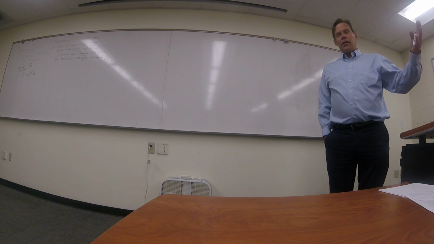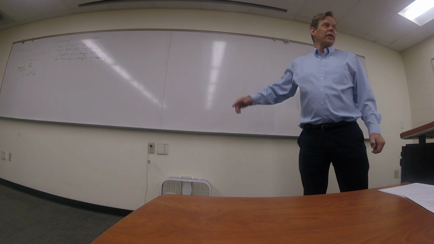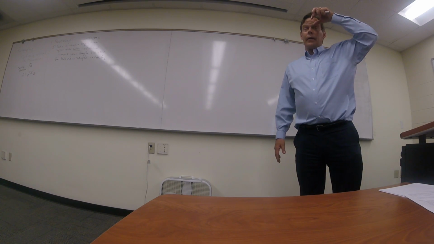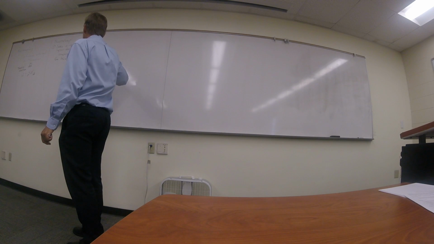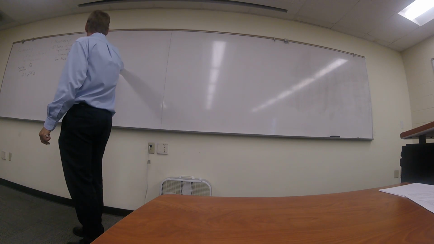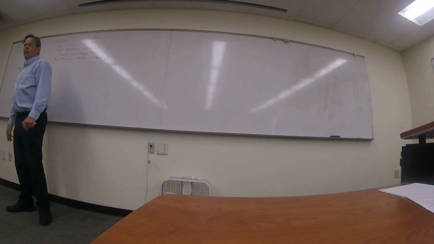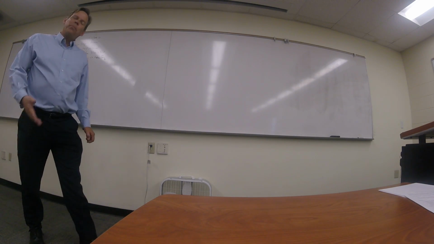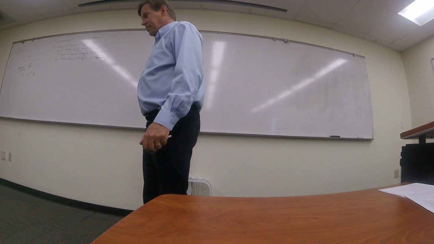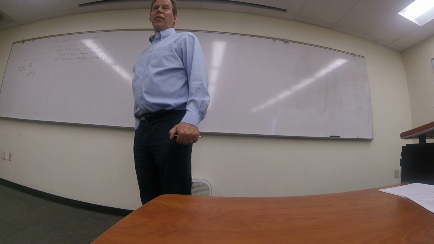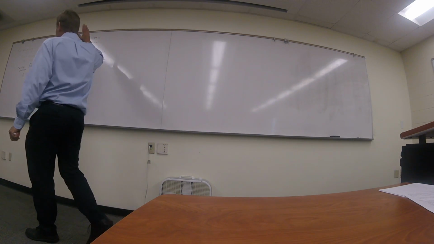But in general, if someone says they bootstrapped it, this is what they did. So now I have this m1 hat that's probably pretty close to m. But if my data is really weird, or really variable, maybe it's not close.